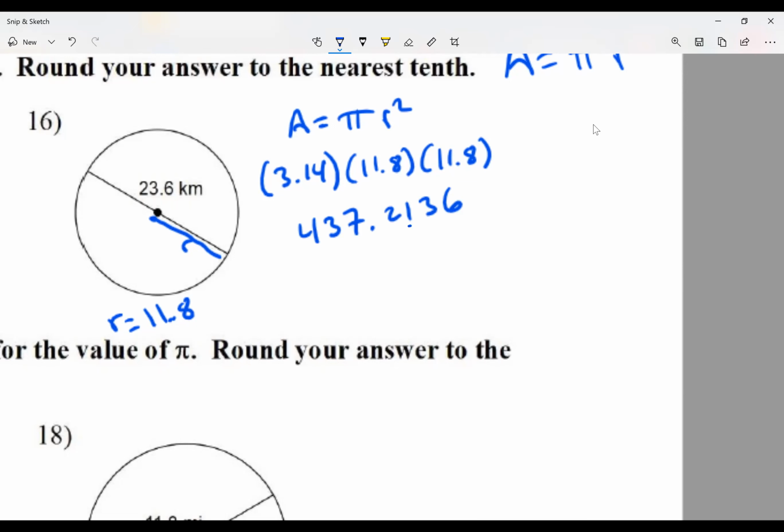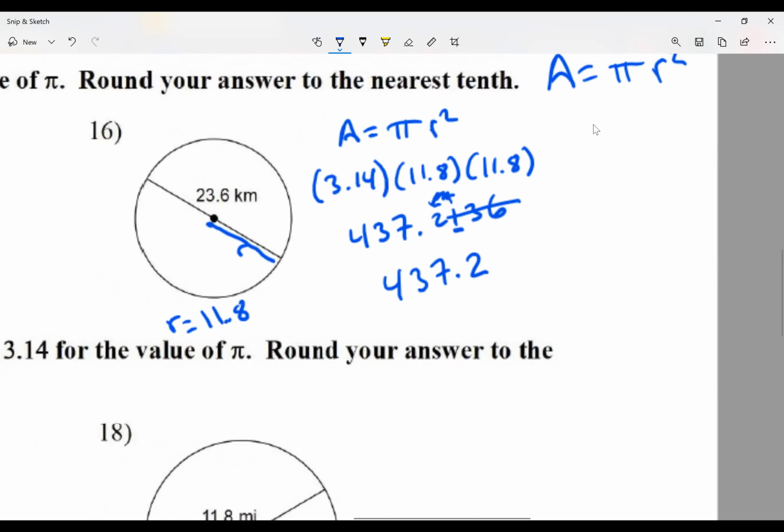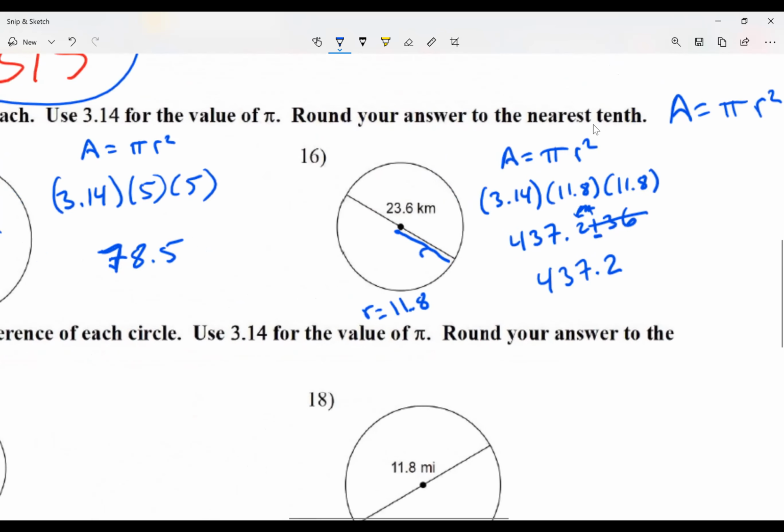So I take a look at the second decimal place. It is too small. If it was big enough, when I say big, I mean 5 or more, it would push the previous number up. But because it is too small, it doesn't. I'm just going to ignore this and call this 437.2.